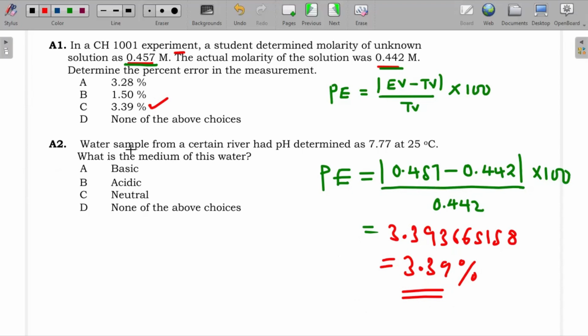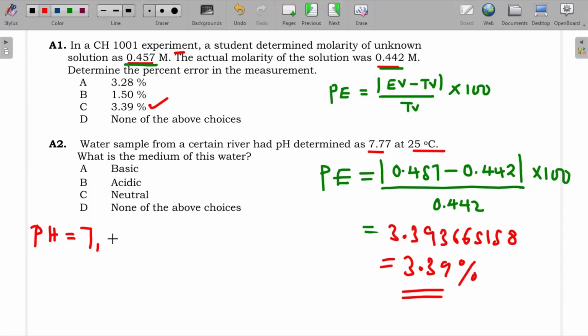Question 2, they're saying a water sample from a certain river had a pH determined as 7.77 at 25 degrees Celsius. What is the medium of this water? Based on the pH, we can determine the medium.